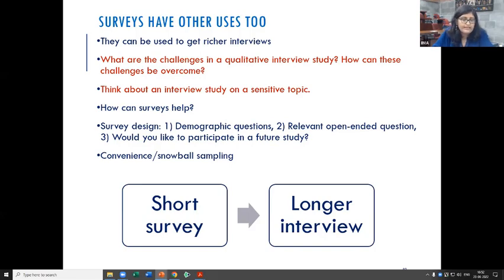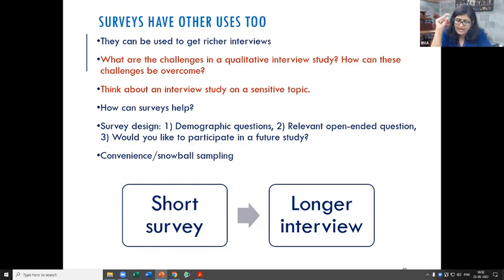Let's say I'm doing a study where I'm interviewing people about domestic violence. It's a very sensitive topic. I can float a short survey at the beginning where they answer certain demographic questions, who they are, what their age group is, so that I'm not starting my interview asking, how old are you? Which is a sensitive question. I already have that information in the survey.